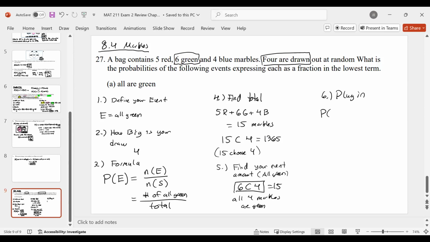So the probability of all green is 15 scenarios where I draw 4 green marbles out of 1365. If I plug that into my calculator, hit math frac, the answer reduces to 1/91.